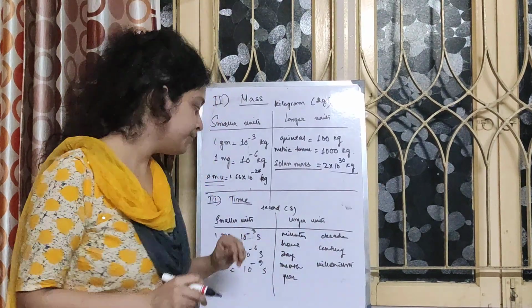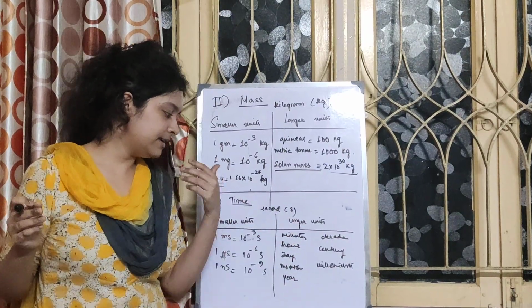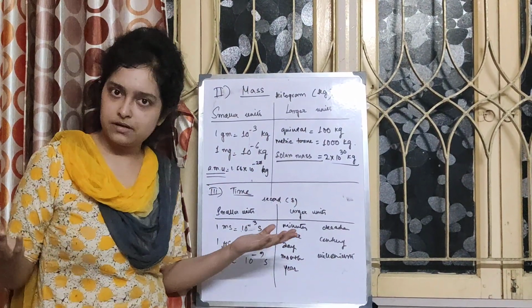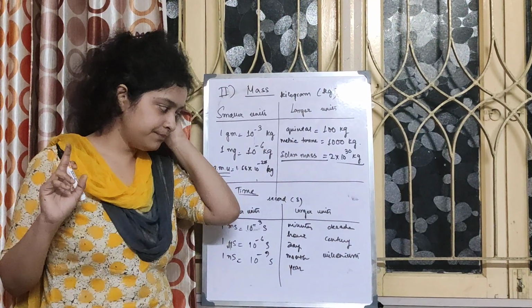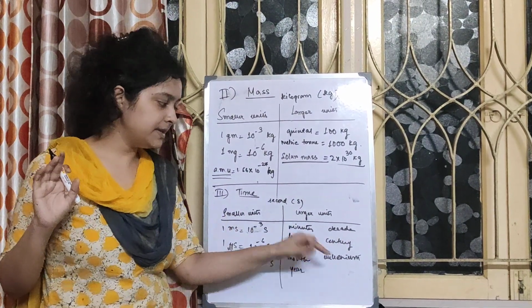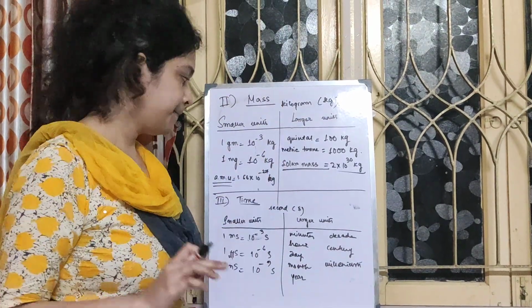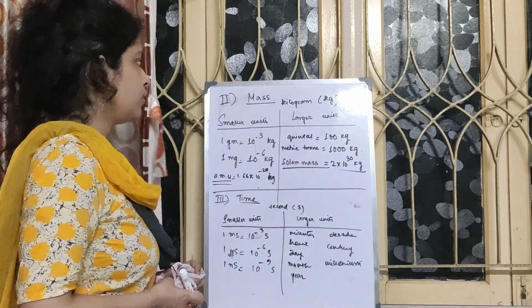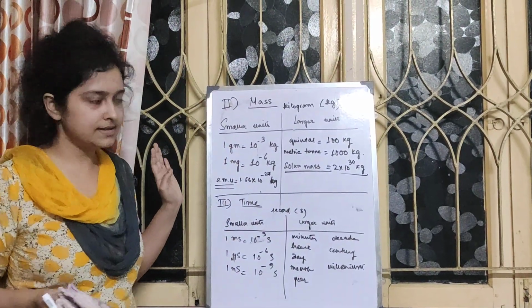I've written this for you. This you all know: minutes, hours, then day, month, year, leap year. You all know leap year. Decade, that means 10 years. Century, 100 years, millennium, 1000 years. So obviously these are the larger units of time. This was all about the different units of length, mass and time.